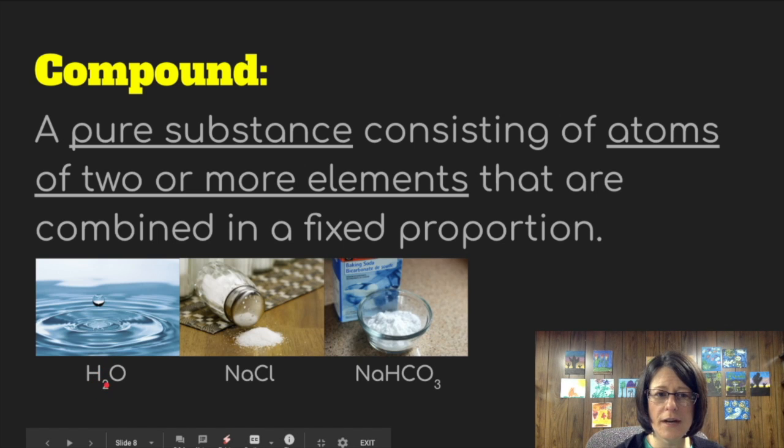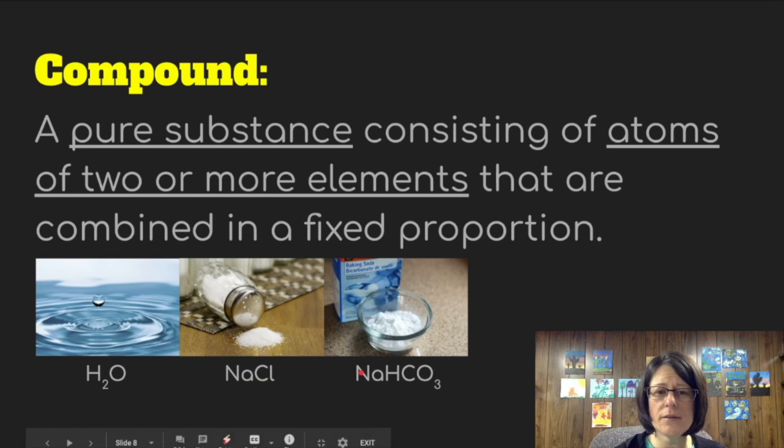That 2 behind the H means that there are 2 hydrogen atoms for every 1 oxygen atom in water. Table salt is sodium chloride, NaCl, and there's 1 sodium atom for every chloride atom.